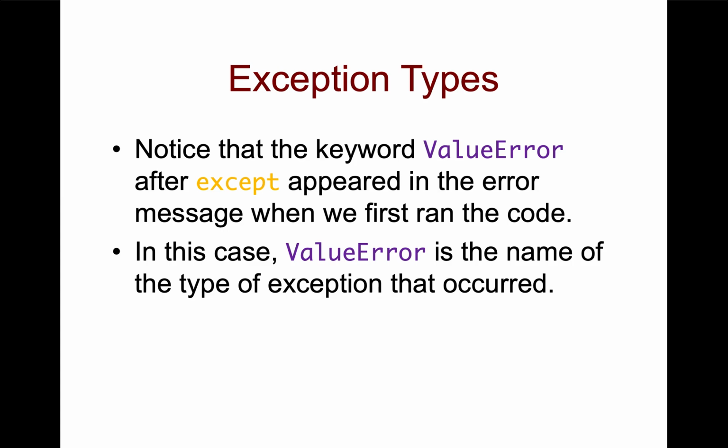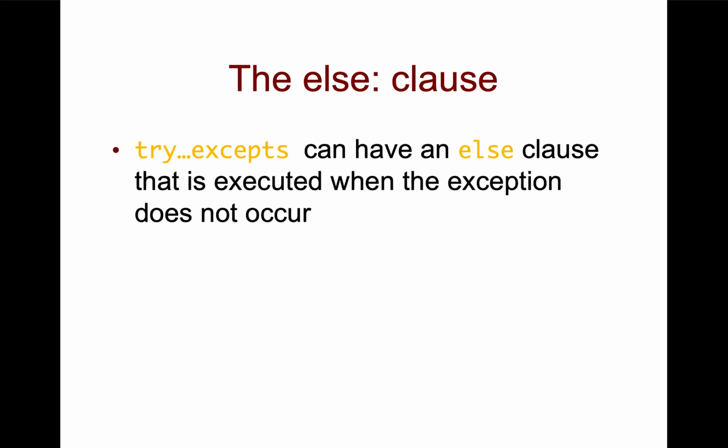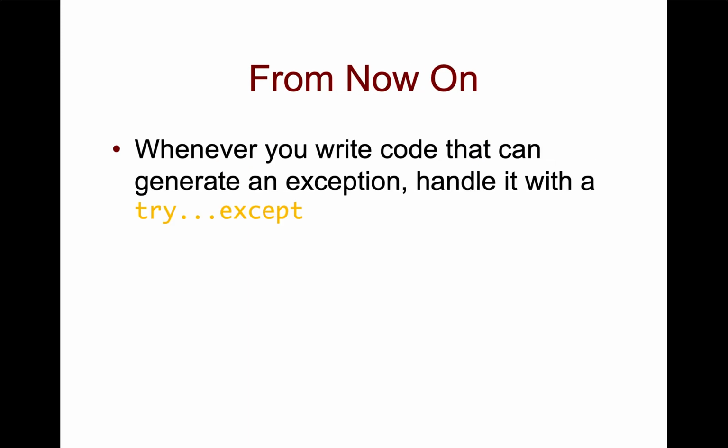So you could have except for ValueError, do such and such a thing, except for NameError, do such and such a different thing. But if you don't know the type of exception, or if that's just muddying the waters for you, then you can just leave it out for now and it'll work fine. Try excepts can have an else clause, and that's what gets executed when the exception does not occur.